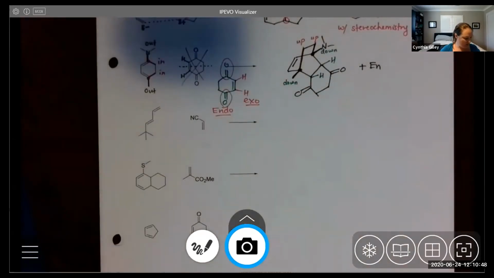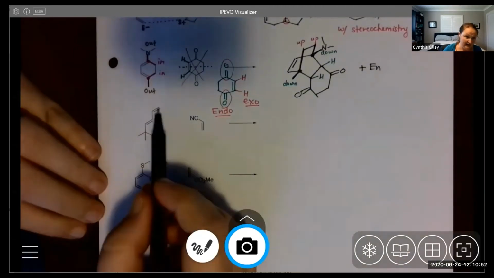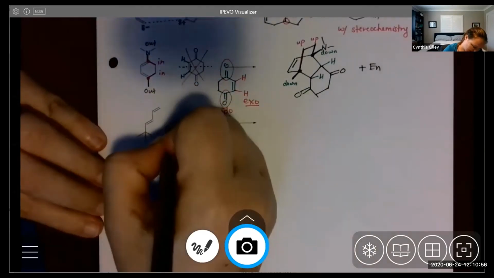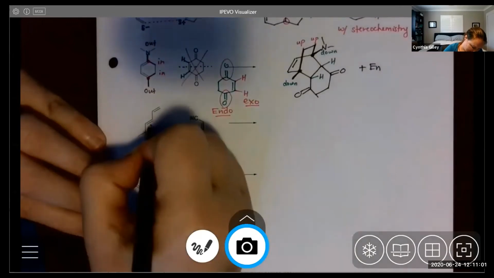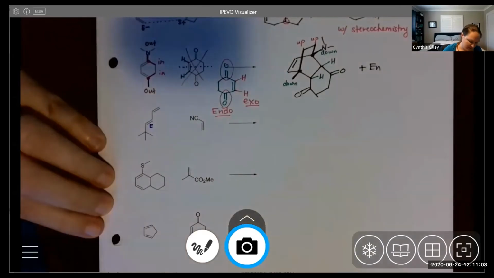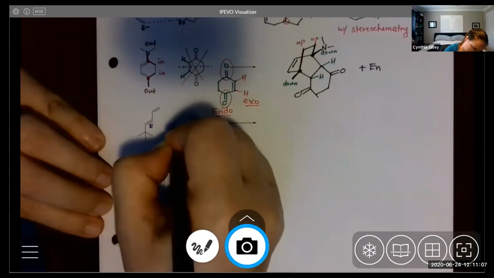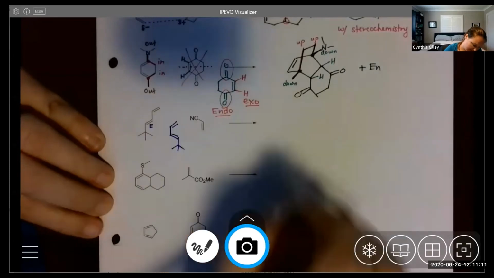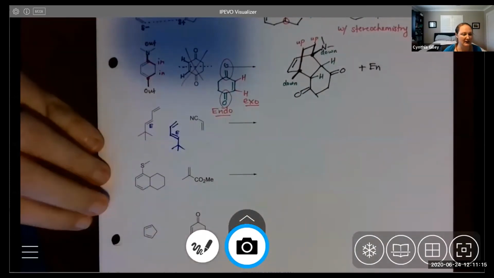So if we're looking at the diene here, first of all, it's in an S-trans. You need to flip it to an S-cis. Notice that this is E, so I want to make sure that as I flip, it remains E. I need to convert to an S-cis.